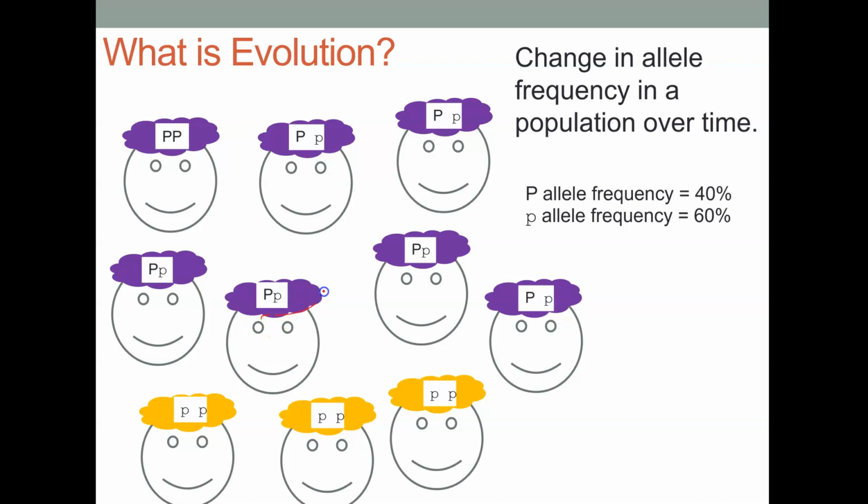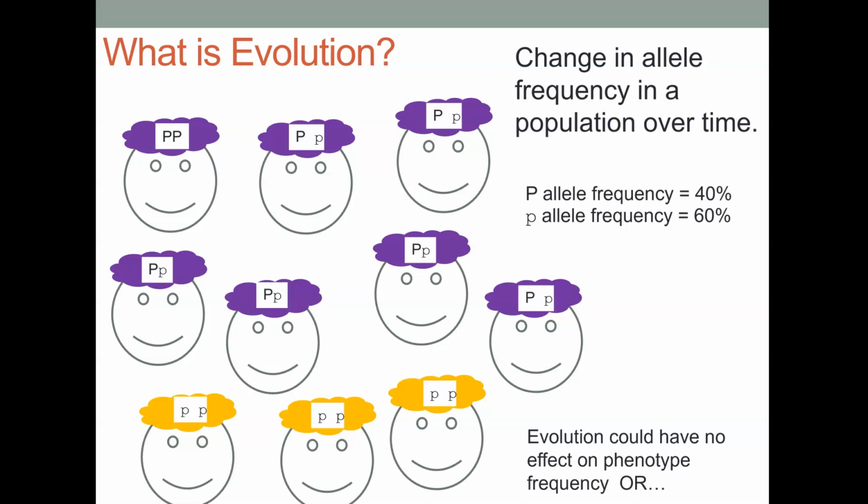So they went from homozygous dominant to heterozygous now. So notice that the allele frequency changed from 50-50 to now it's 40-60. This is change over time. Evolution is change in allele frequency in a population over time. Evolution just occurred in this group of individuals.